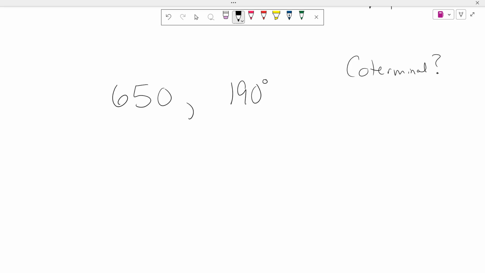What's 650 minus 190? 460. Would they be coterminal angles in the same spot on the axis? Yes or no? No. How far do they have to be apart to be coterminal? 360 or a multiple of 360.